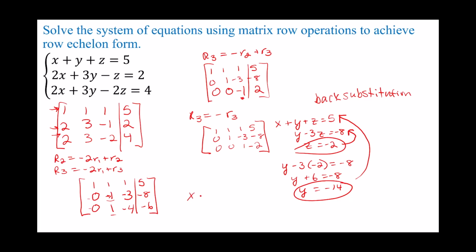So 1x plus 1y, so negative 14, plus 1z, which is negative 2, equals 5. So I have x minus 16 equals 5, add 16 to both sides, and I get x equals 21. So I found my x, y, z. My ordered triple for the solution, 21, negative 14, negative 2.